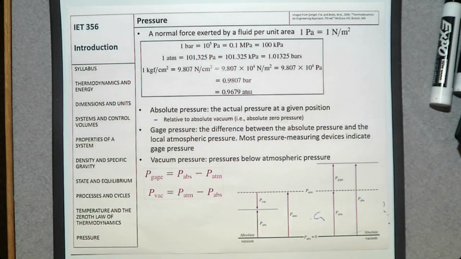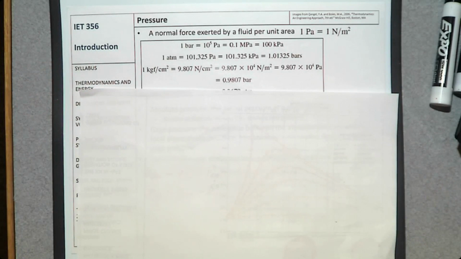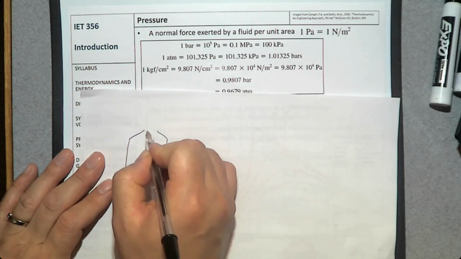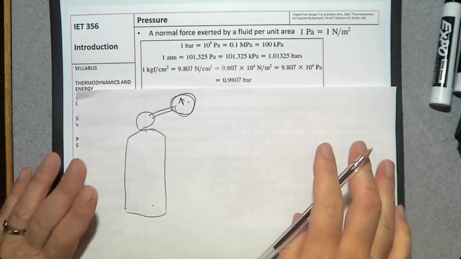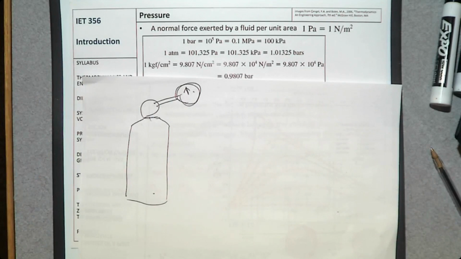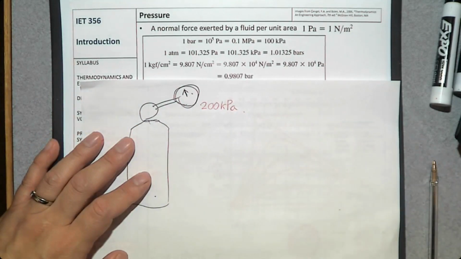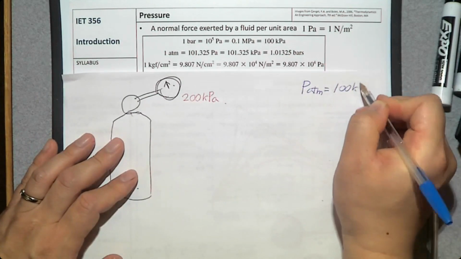So let's talk about absolute pressure, gauge pressure, vacuum pressure. If you go to the other side of the building, there are machine shops, metal shops, and many shops over there, right? Sometimes, even outside the building, you see a gas tank. And usually there's a gauge, pointing something. So let's say this one reads 200 kilopascal, when outside, the atmospheric pressure, PATM, is 100 kilopascal.